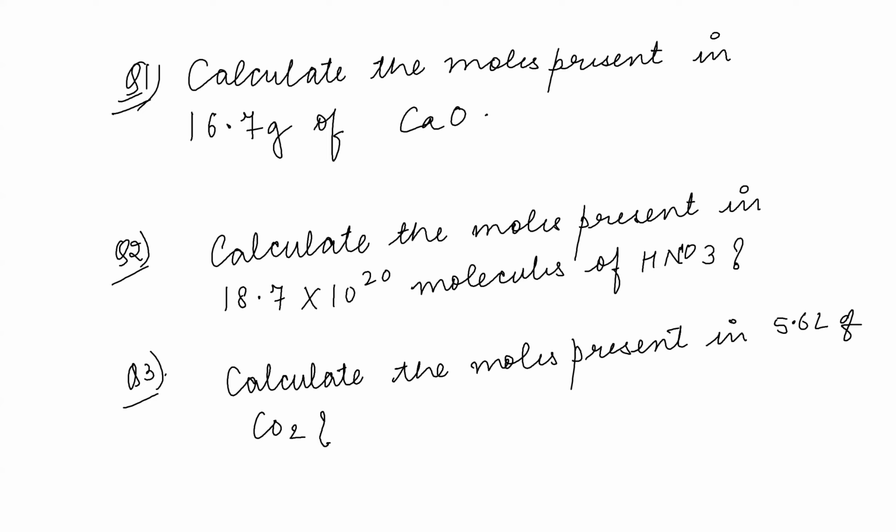Now, can you calculate the moles for all of them? Will it be easier for you, or should I solve it? You have to do 16.7 divided by the MR of calcium oxide.